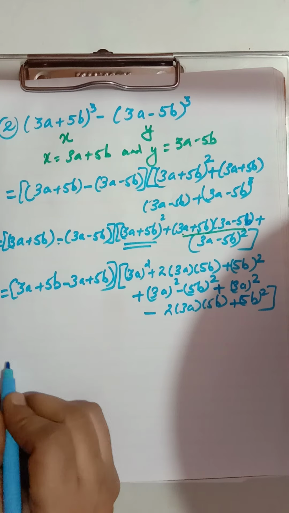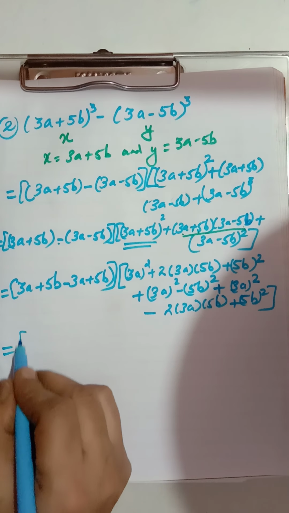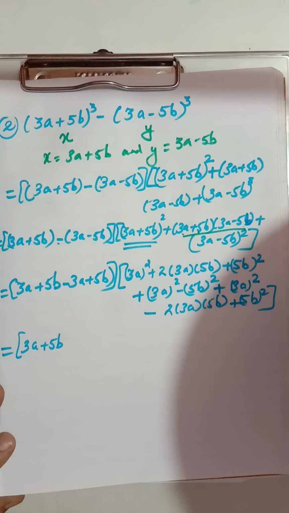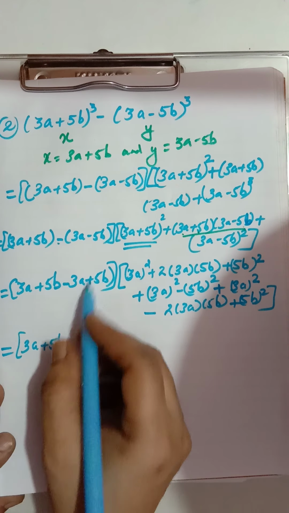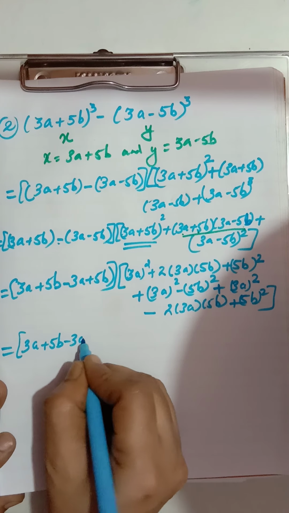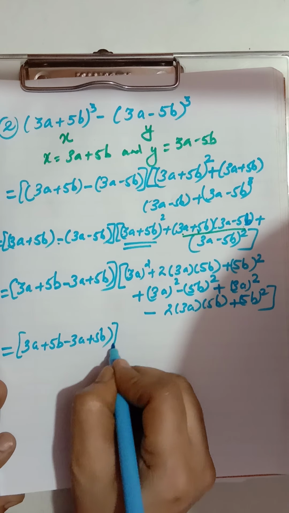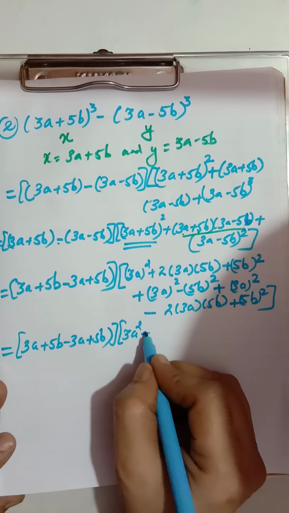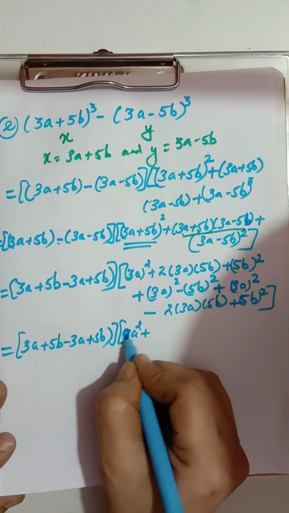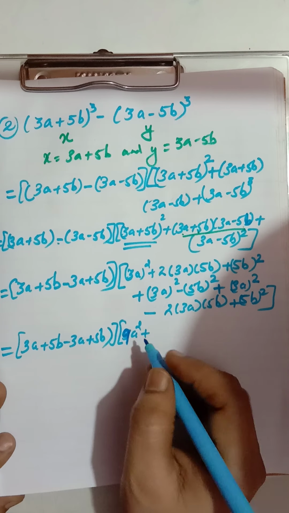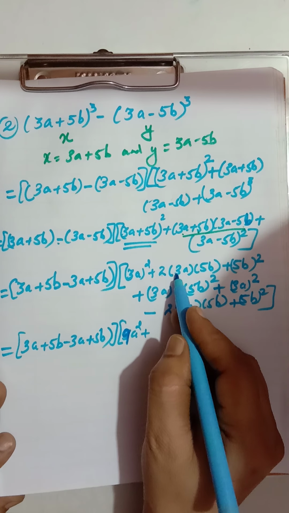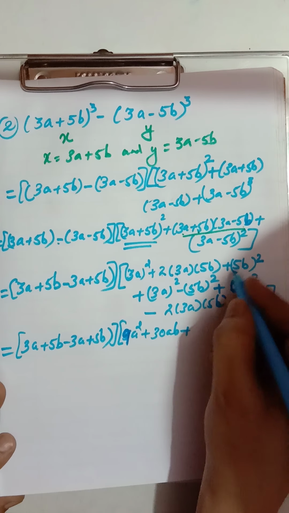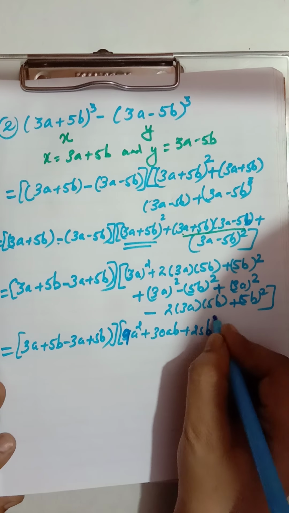Now this is equal to 3a + 5b we have, okay, plus, here we will write one extra step, we can cancel also, in the first bracket. Second bracket, children, 3a square plus 3a square becomes what? 9a square, right? Square of that, so it becomes 9a². Now this is what? 2 3s are 6, 6 5s are 30, so it is 30ab plus 5b square, that means 25b².